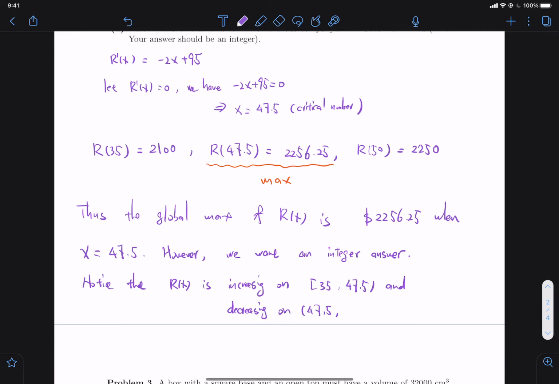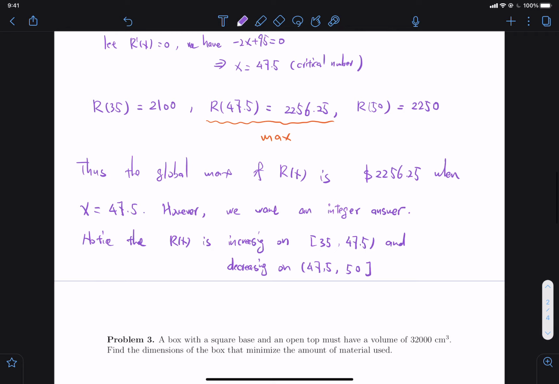Here R of 47, plugged in, gives you 2250, and plugging in 48 also gives you the same number.